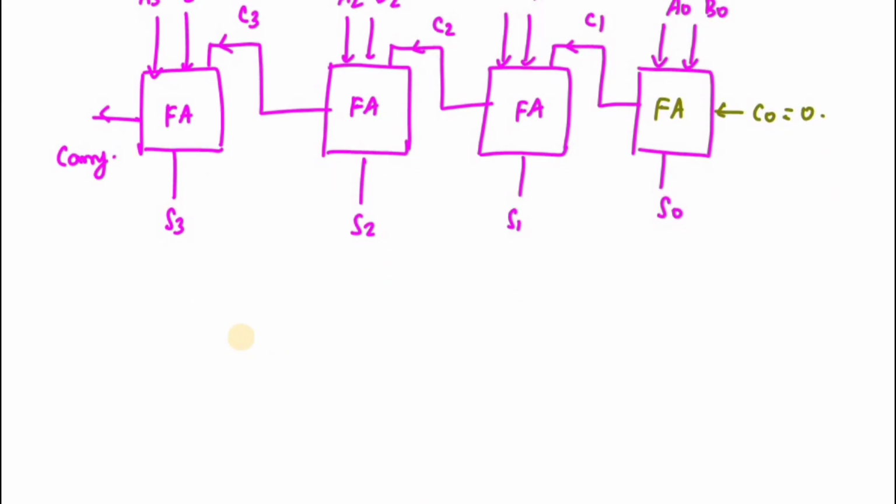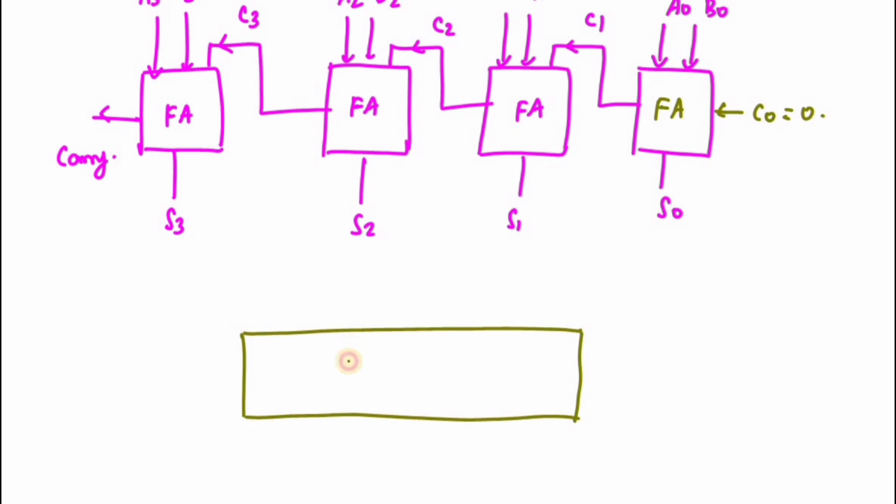I am going to replace this entire thing with the IC 7483. IC 7483 represents a 4-bit adder. 4-bit adder means inside this you have 4 full adders. This is my IC, and this circuit is also called a ripple carry adder.